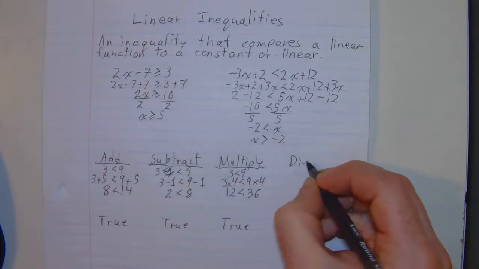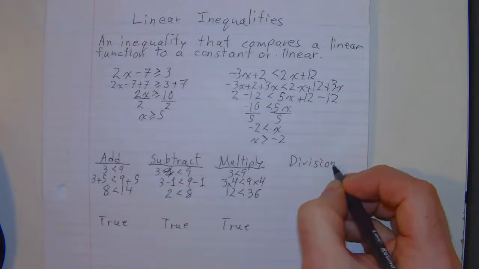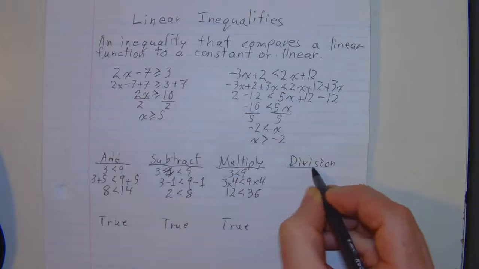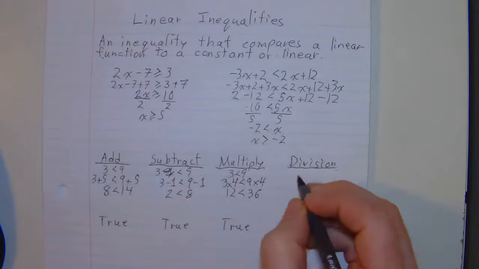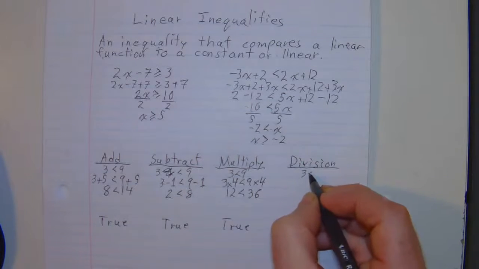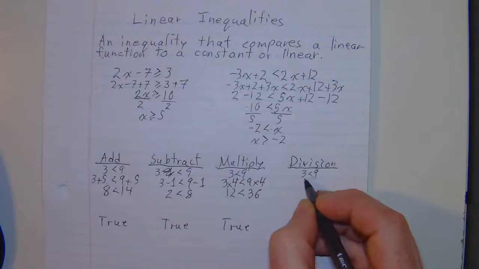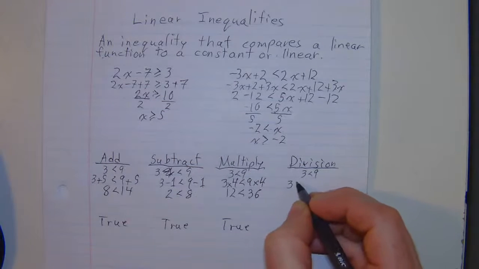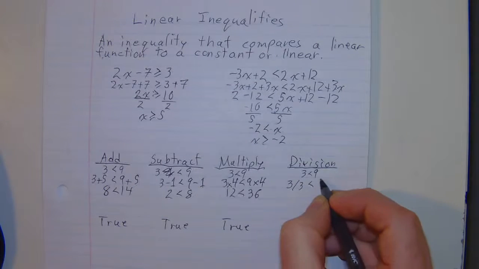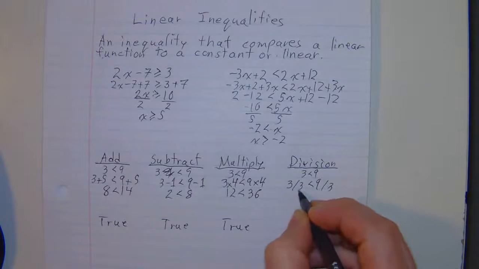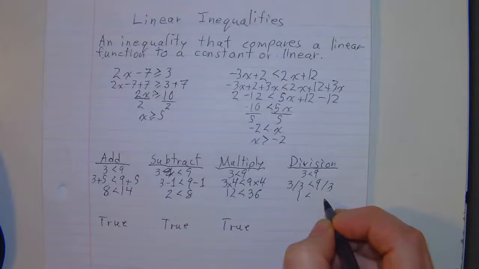What about division? Three is less than 9. Well, let's say we divide by 3, because that's going to work out nicely here. 3 divided by 3 is 1. 9 divided by 3 is 3.